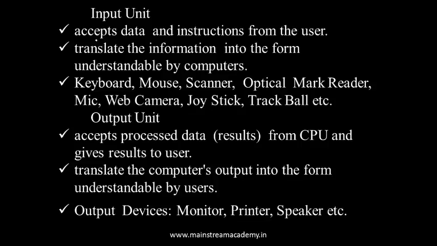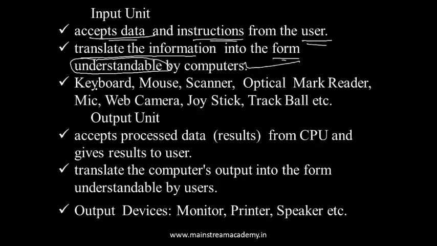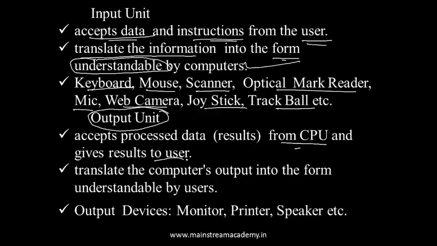Input unit: it accepts data and instructions from the user, and it translates the information into a form understandable by the computer. Examples of input devices are keyboard, mouse, scanners, optical mark reader, mic, web camera, joysticks, trackball, etc. And the output unit accepts processed data from the CPU and gives the result to the user.